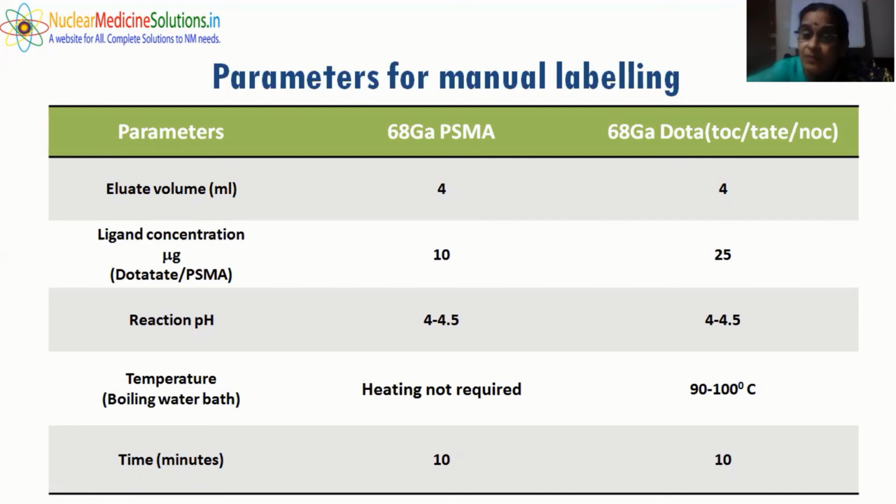The reaction pH for both will be 4 to 4.5, and the temperature is a boiling water bath. For PSMA heating is not required, but it can enhance labeling if heating is used. And this boiling water bath, it is very important here, the practical point to understand for the gallium DOTA when it is needed, whenever you boil, the whole volume should be totally drowned inside the water bath.